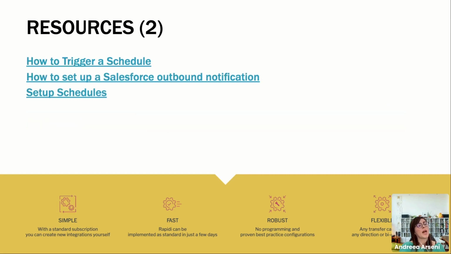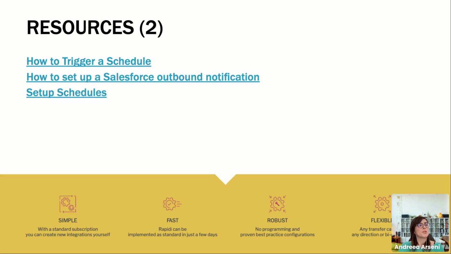And then here I added some resources specific for the session. This one is about how to trigger a schedule, with screenshots, so it's easier to follow and understand how this is supposed to work. And then we have how to set up a Salesforce outbound message or notification.